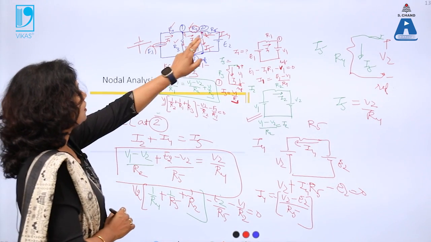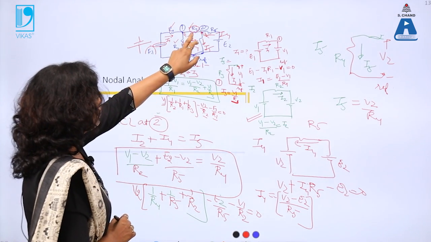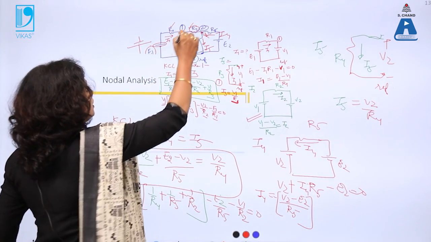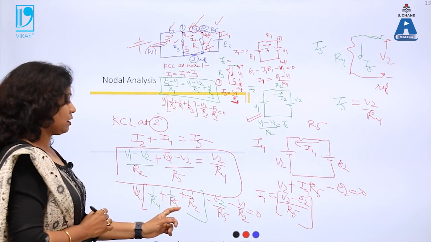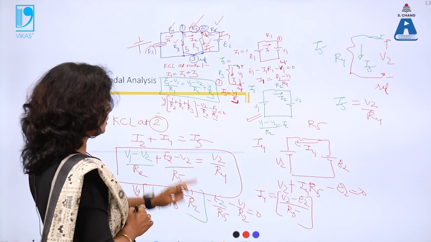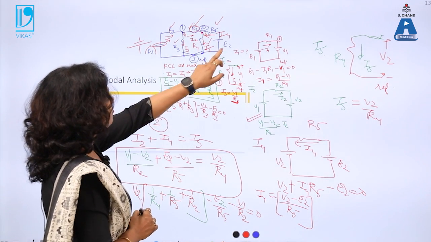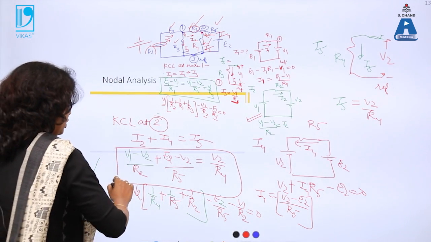That is the voltage at which KCL is applied. Within the bracket all resistance directly connected, that is this one, then this one and this one. So the reciprocals are being added, minus voltage divided by resistance through which it is connected, minus E2 by R5 is 0. So these are the two equations.